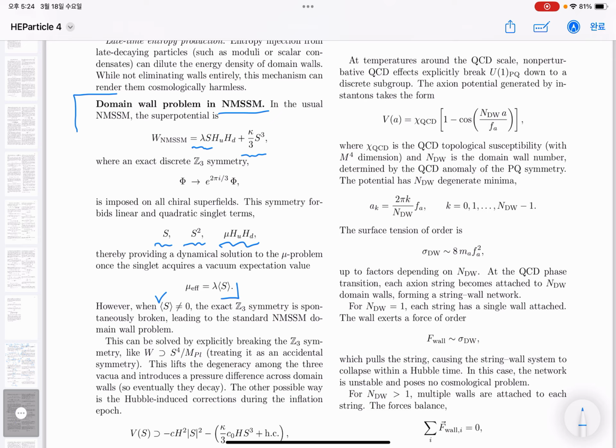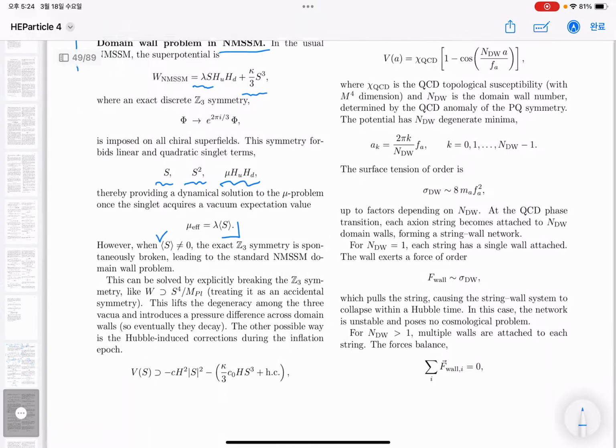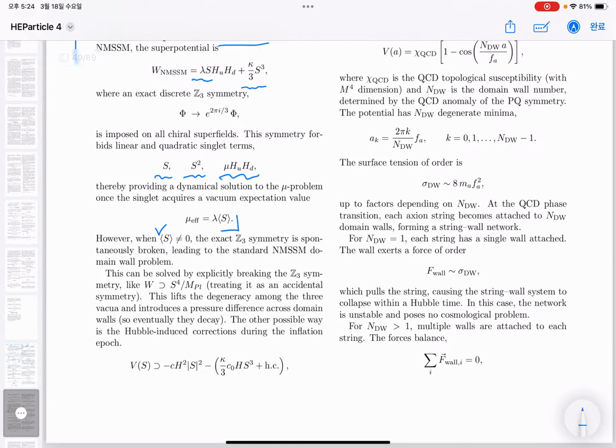To resolve the domain wall problems arising in the NMSSM, one can introduce an explicit breaking term for the Z3 symmetry, like a higher dimensional operator in the superpotential W, like a tadpole term of the singlet.